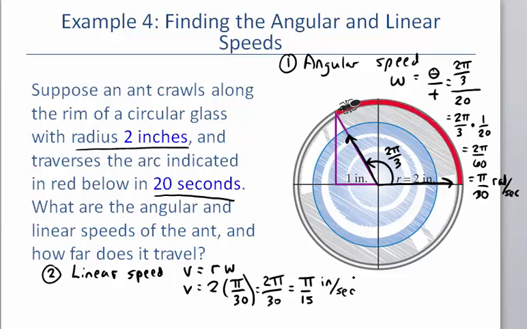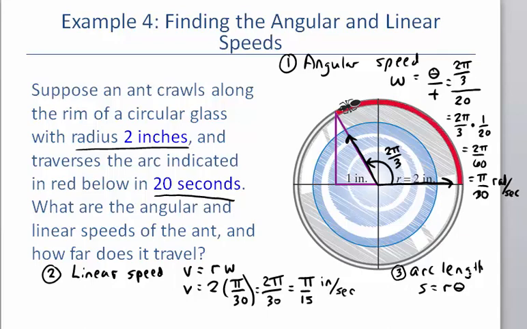And finally, the question asks us to determine the distance that the ant travels. So if we're looking at the actual distance that he travels, we are talking about arc length. And so that is our last calculation here. We're going to find the arc length. Remember that your formula for arc length is S is equal to R times theta.